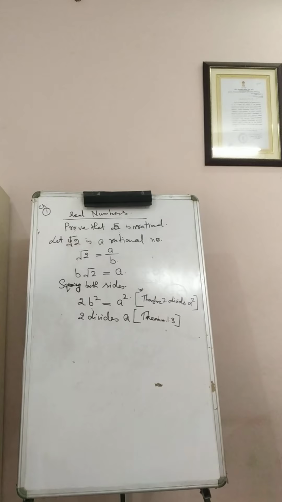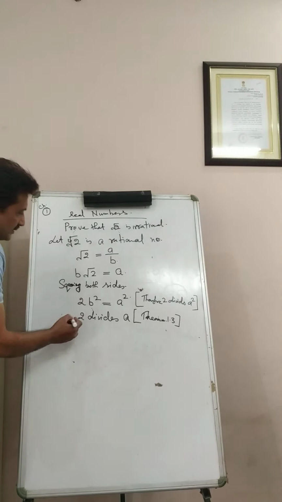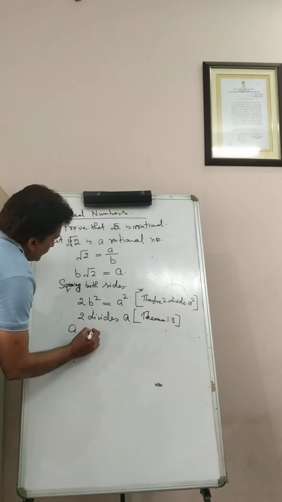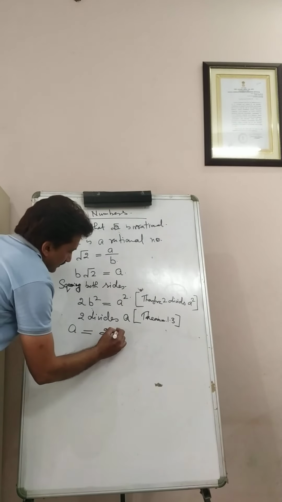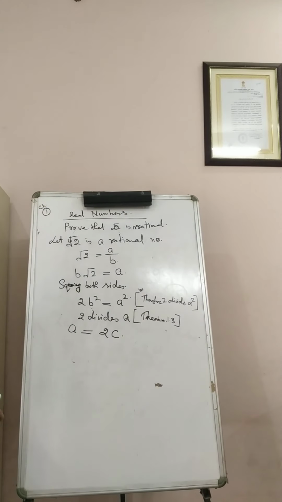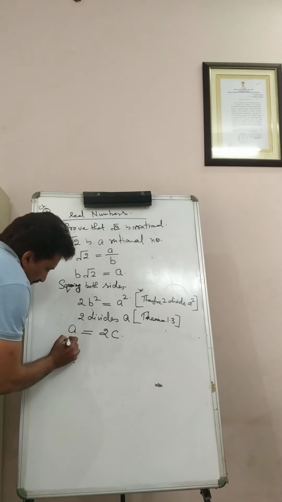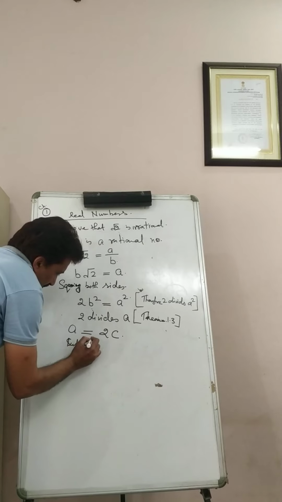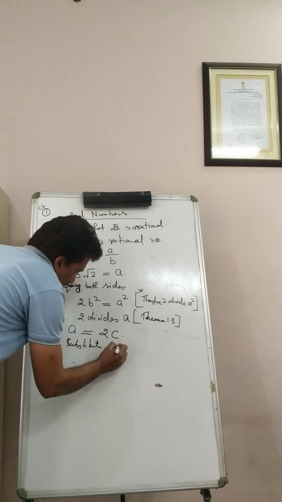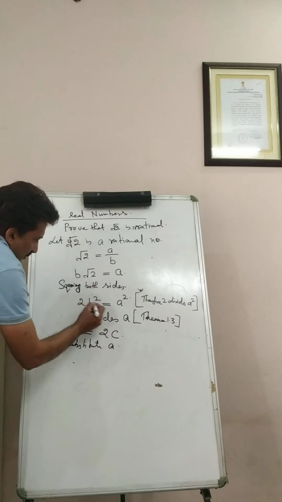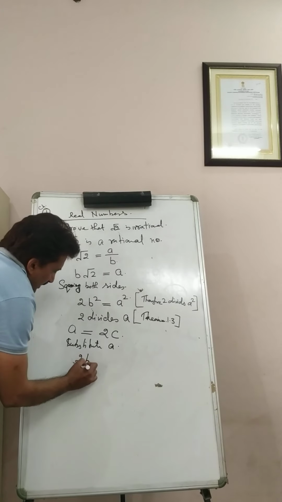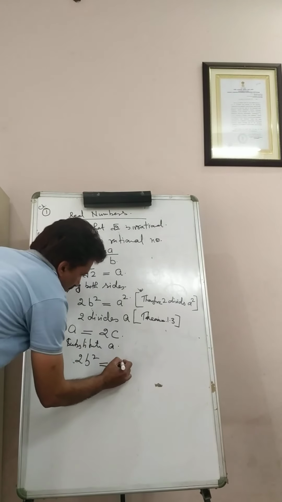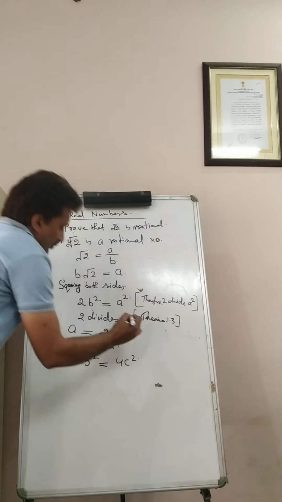Now again you have to suppose it. Now your half is finished. Now suppose that a is equal to 2c. Substitute a. So what it will become: 2b square is equal to 4c square.